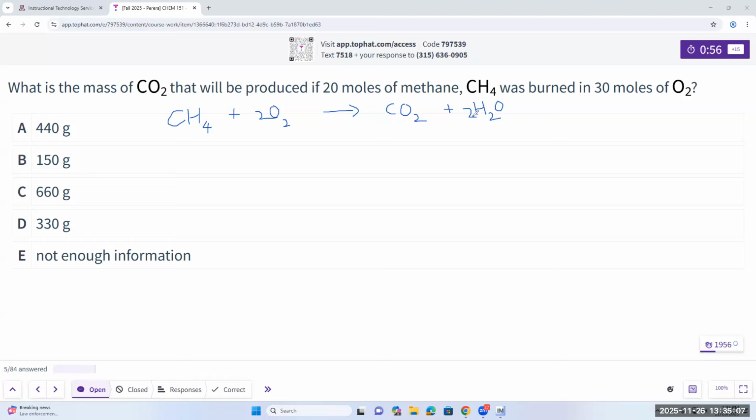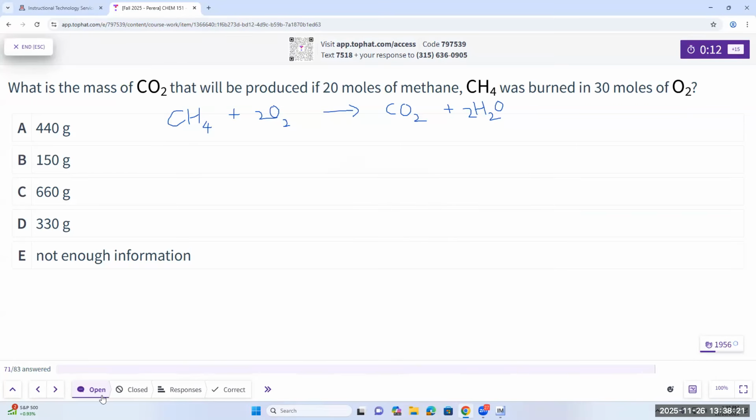You can use either method that works for you. You can either determine the limiting reactant first and then calculate what you want using that, or you can do 2 calculations with both reactants and see which one gives you the lower number, and run with that. Either one is fine.